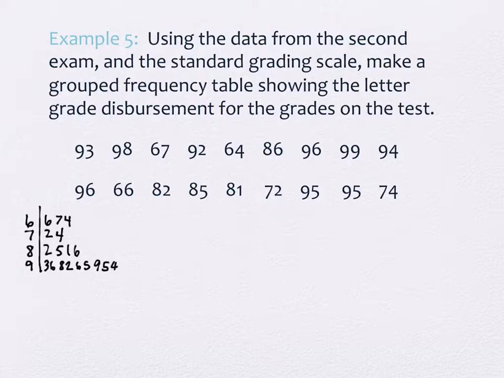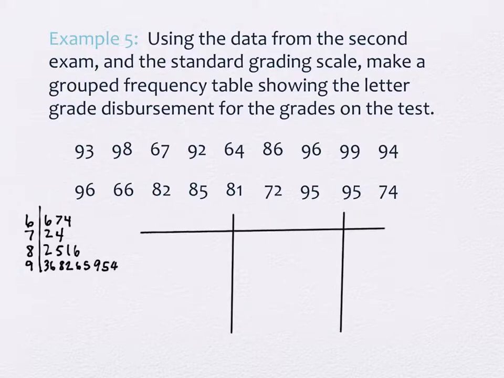All right, so what this actually looks like as a reference point, since I've put that here, is that you're going to draw a table with 3 columns. The first column is going to be the class intervals. In this case, they're grades. The grade interval, we'll call that grade interval.